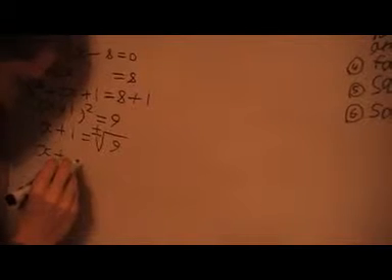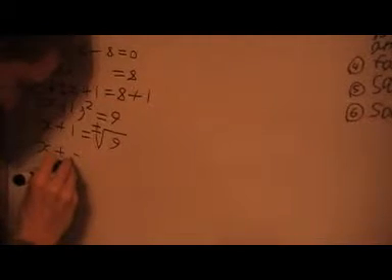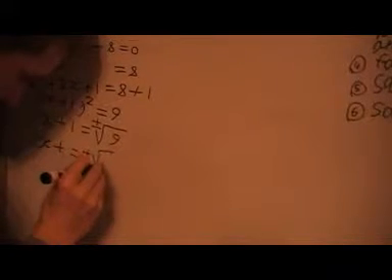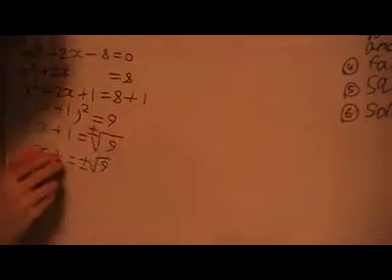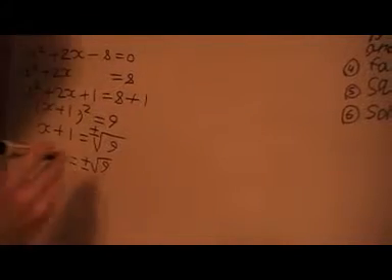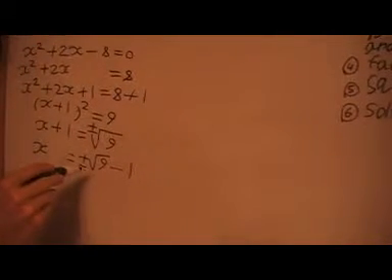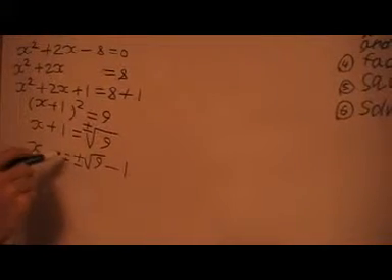Sorry, I wasn't supposed to do that first, that plus sign shouldn't be there. I was going to get ahead of myself there. So then there's a minus 1 there. So then we'll get x is equal to this.